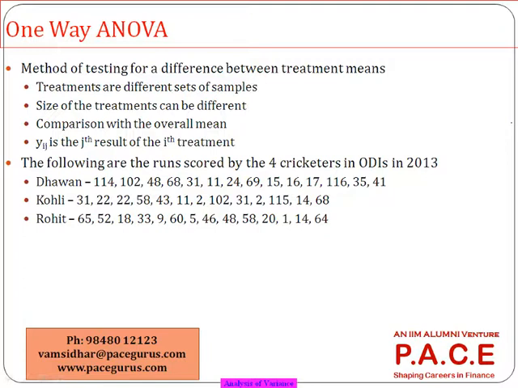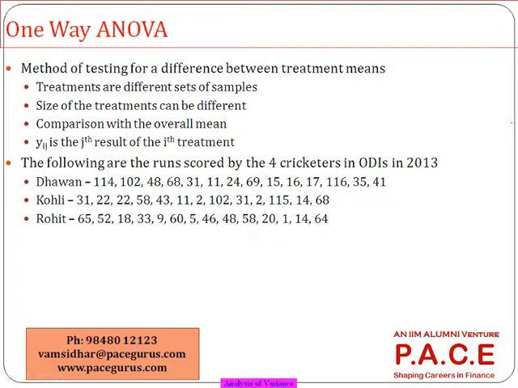The sizes of each of the treatments are different. Let's say if we see Dhawan, there are 8, 9, 10, 11, 12, 13 instances, whereas when it comes to Rohit, 4, 5, 6, 7, 8, 9, 10, 11, 12, 13, 14 are there. So the number of instances, samples or responses for each treatment may be different.